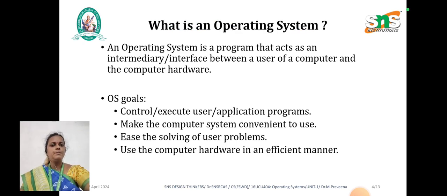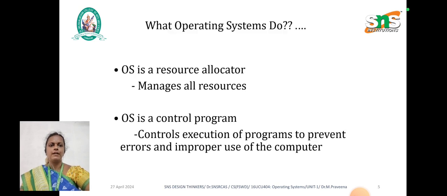An operating system is a program that acts as an intermediary or interface between the user of a computer and the computer hardware. The main operating system goals are to control and execute user or application programs, to make the computer system convenient to use and easy for solving user problems, and to use the computer hardware in a more efficient manner.